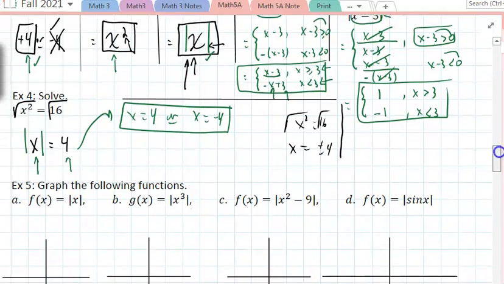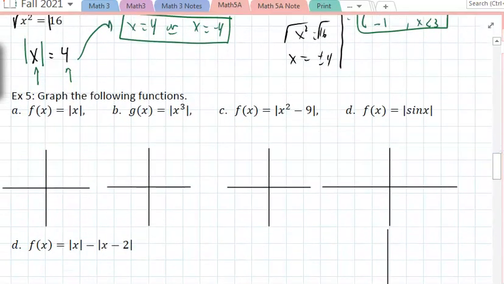Now, how do you graph absolute value? It's fairly simple. You ignore the absolute value. So y equals absolute value of x, you look at y equals x. When you put an absolute value, that's saying the graph is positive. Here, let me do that right here. y equals x, a line cutting this at 45 degrees.